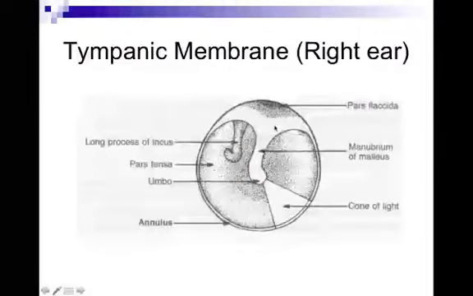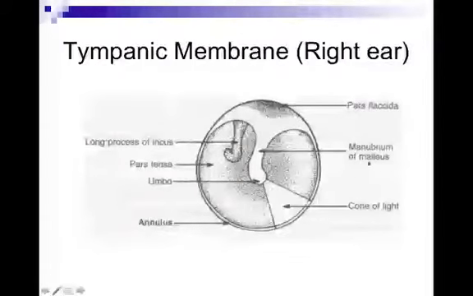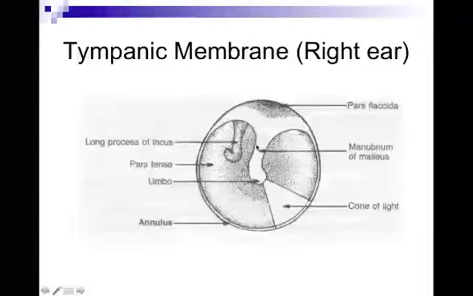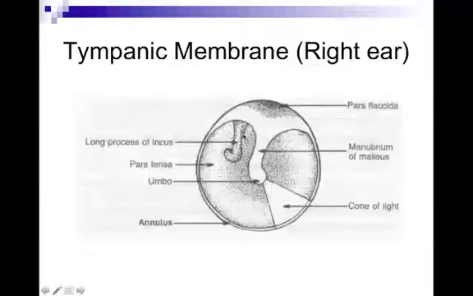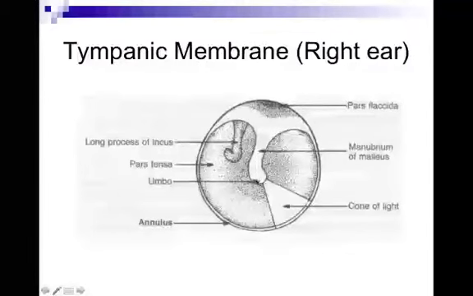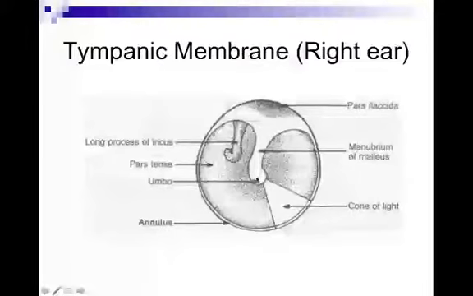The manubrium of the malleus. Manubrium is one part of the long leg of the malleus. And if you look just behind that, you might see a reflection of the umbo. The incus. And the umbo refers to the point where the malleus is attached to the tympanic membrane in the middle ear, and that's what results in its curve.